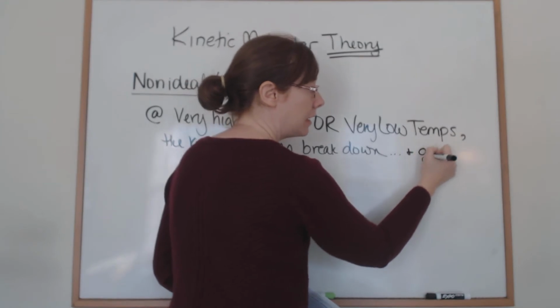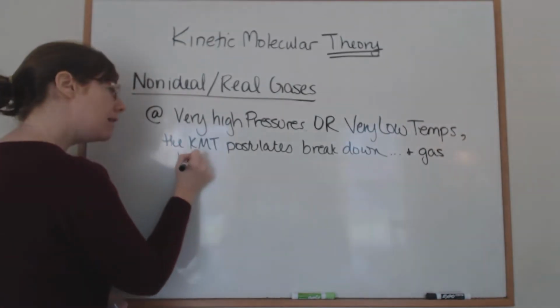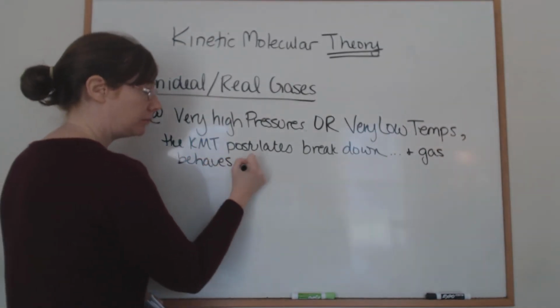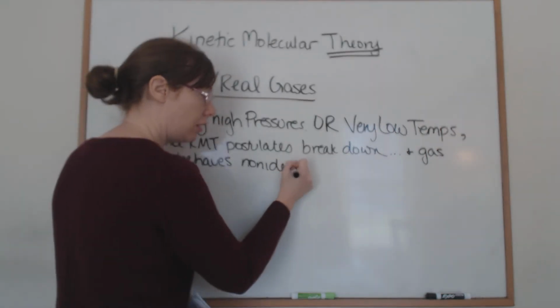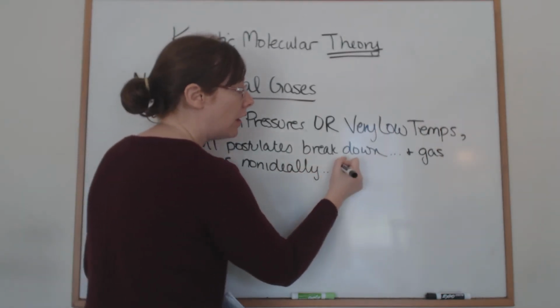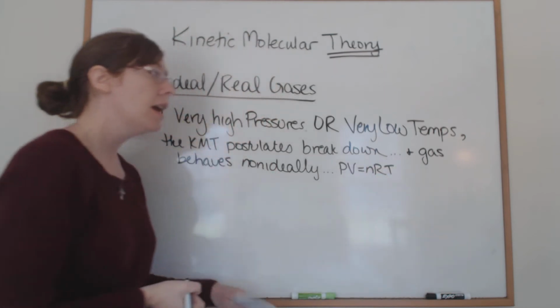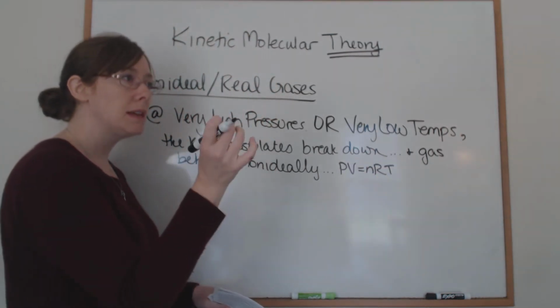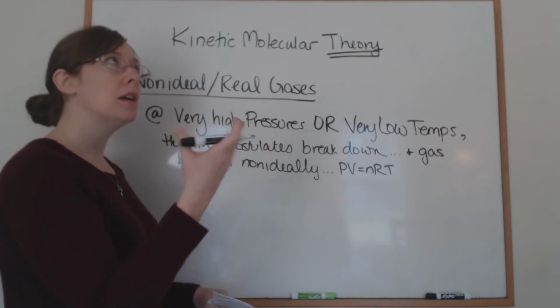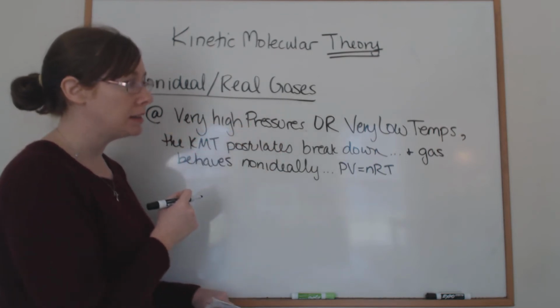And the gas behaves non-ideally, which means it's not going to perfectly obey this equation, PV equals nRT. So there's going to be some deviation from the properties that you would expect.